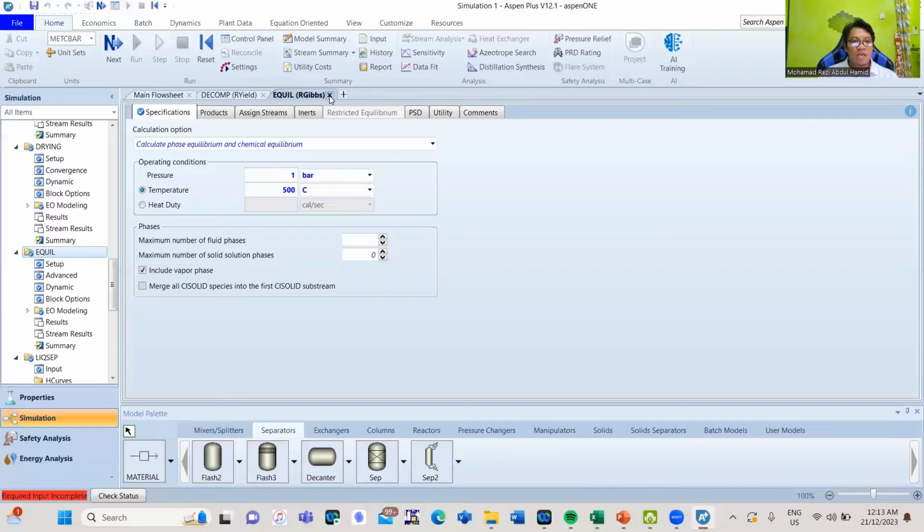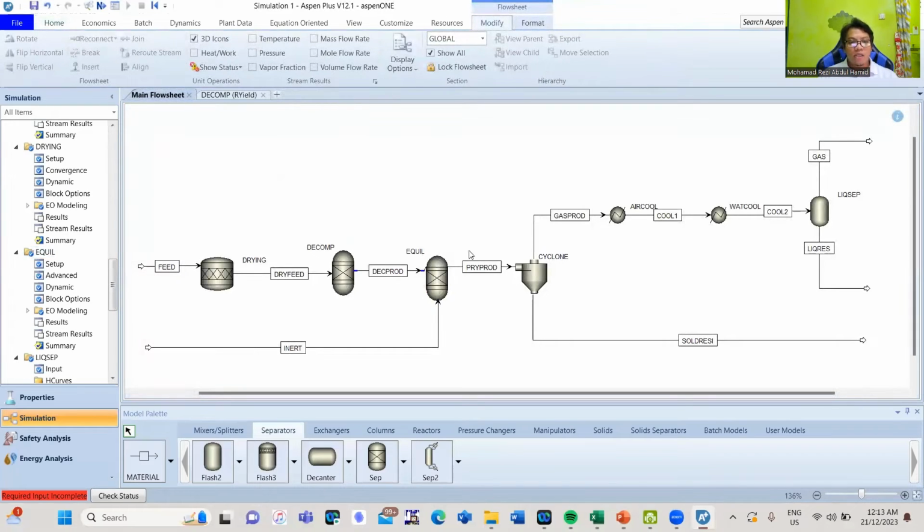Okay, now that I'm done, the product after equilibrium calculation will consist of various gases, plus char, which is basically carbon, and ash. The gas phase will be removed and go to the next stage.